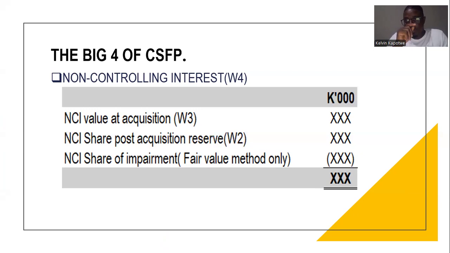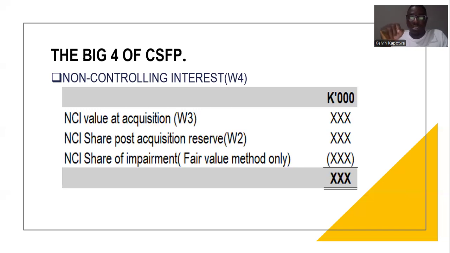Okay, so remember working number 2 now, the post-acquisition movement in the fair value of the assets. That post-acquisition movement in the retained earnings is what you are going to include there. So that is going to come from working number 2, from your net asset list.